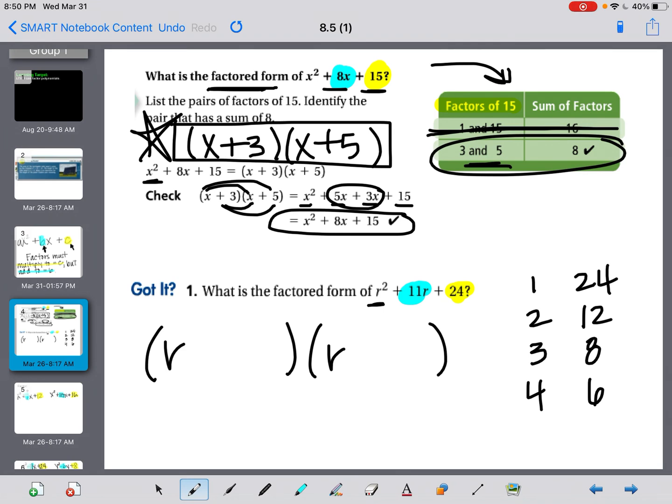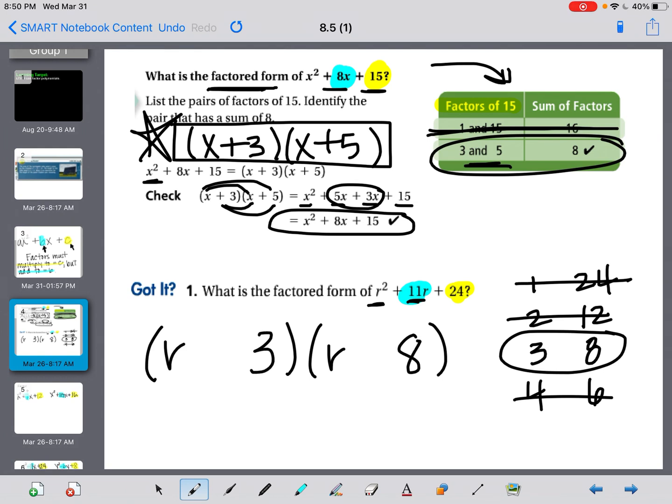Those are my only factors of 24. Now I have to see which ones add to equal 11. Not this one, not this one, and not this one. But 3 and 8 do add to be 11, so I'm going to use 3 and 8. And because these are both positive, these also will be positive.